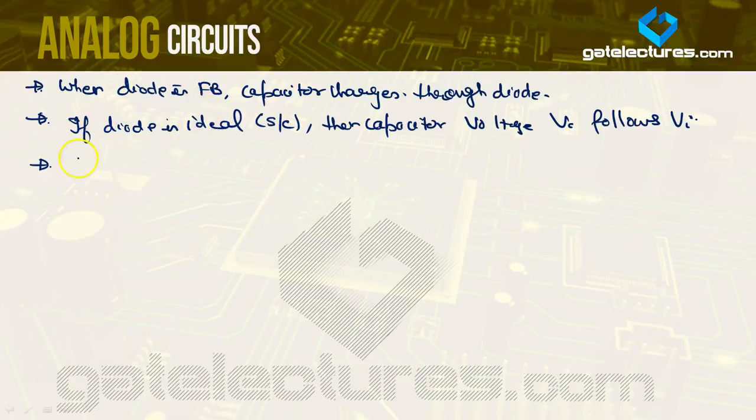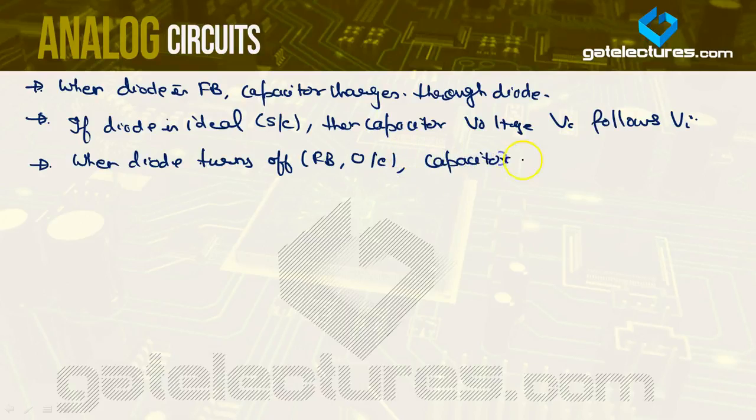Okay, so when the diode turns off, or is reverse biased or open circuited, the capacitor discharges slowly through a resistance RL.